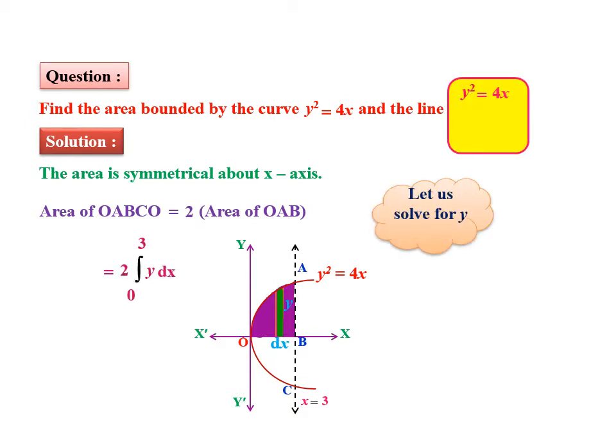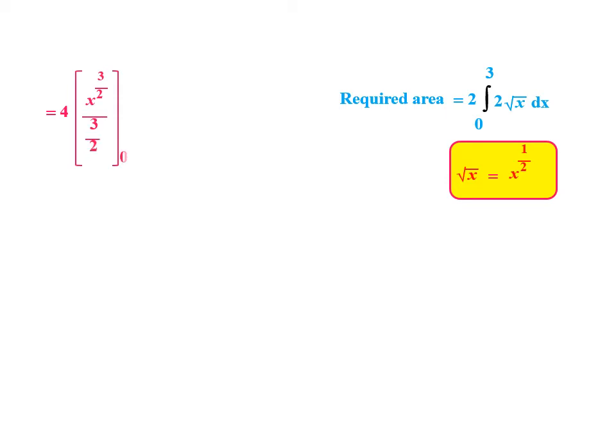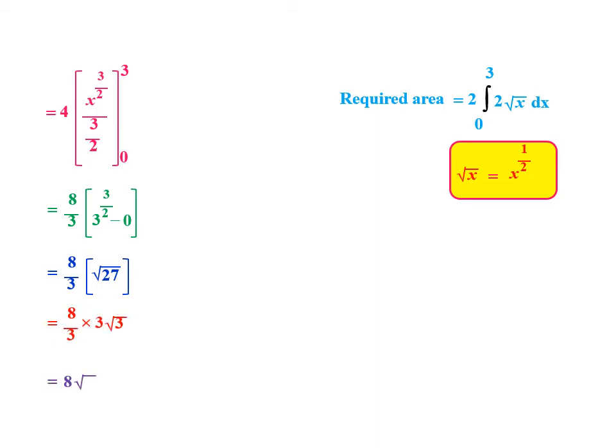So 2 times integral 0 to 3 y dx. On substituting the value of y, we get 2 times integral 0 to 3 2 root x, which on simplifying we get 4 into x raised to 3 by 2 upon 3 by 2 from 0 to 3, 8 by 3 into 3 raised to 3 by 2 minus 0, or 8 by 3 root 27, 8 by 3 into 3 root 3, which on simplifying we get 8 root 3 square units.